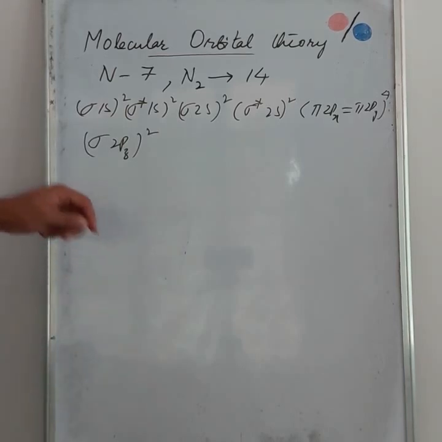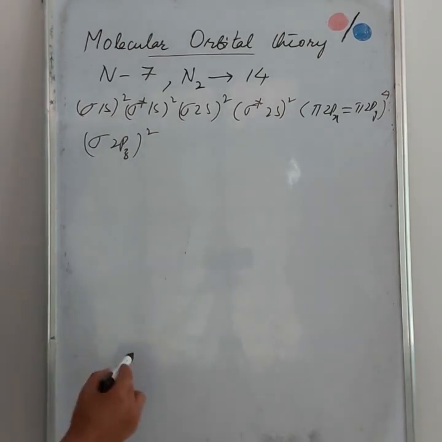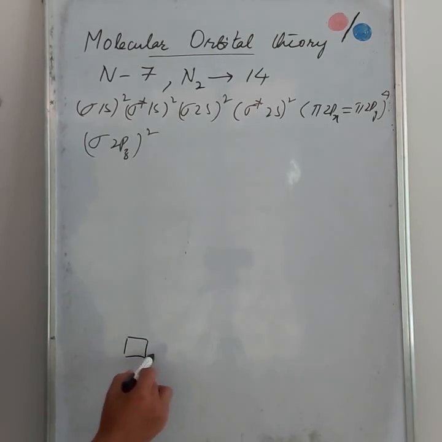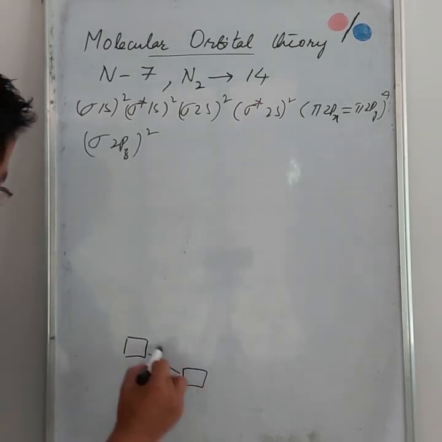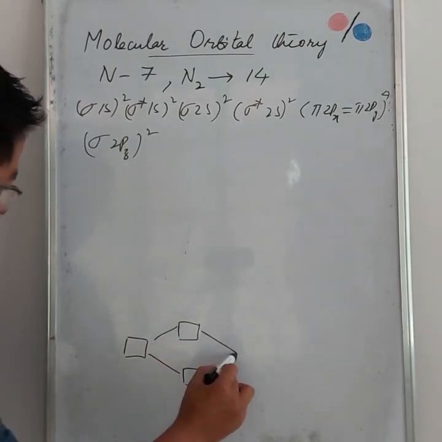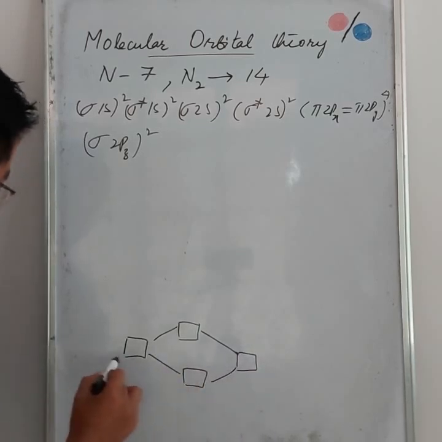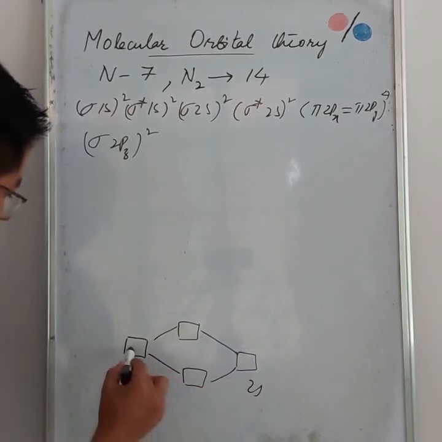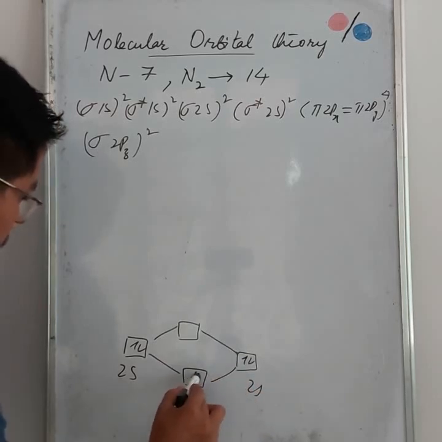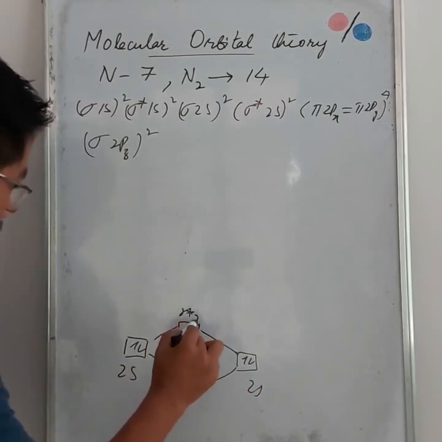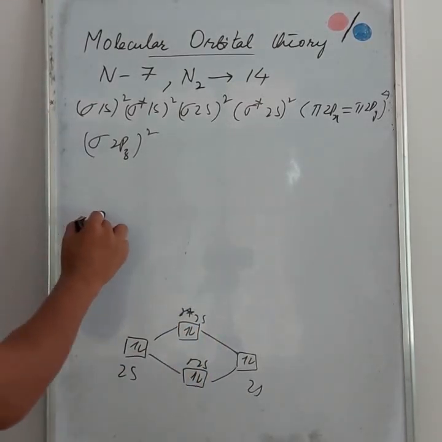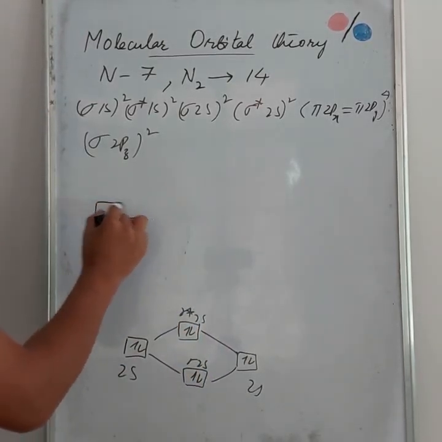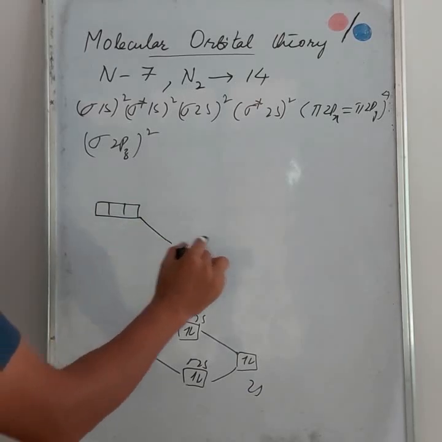So if we represent the molecular orbital diagram, for 2s, 1s will be the same, so I won't draw it. We'll start drawing from 2s. So this is 2s, 2 electrons each: sigma 2s, sigma star 2s. And then 2p, that's 3 orbitals each.